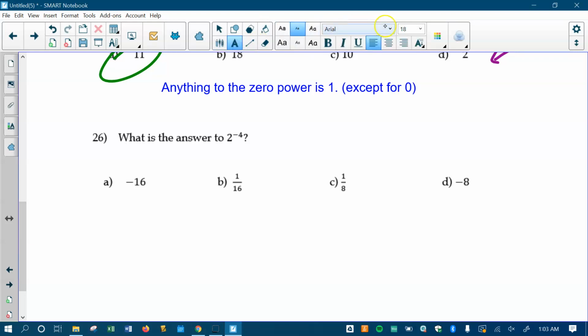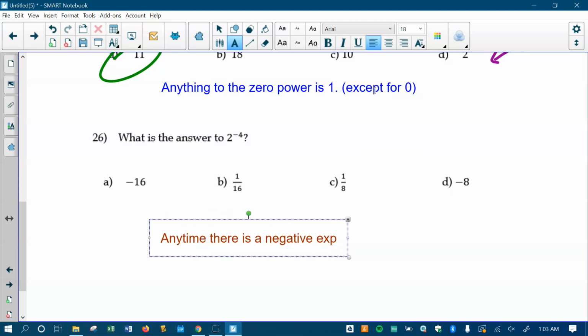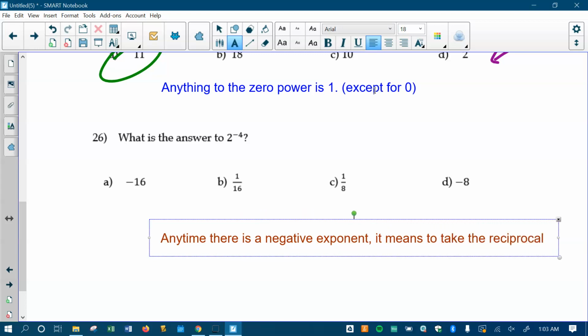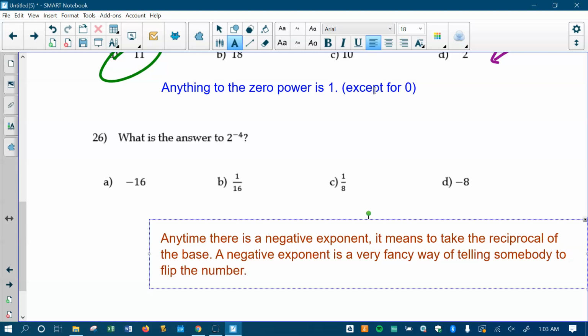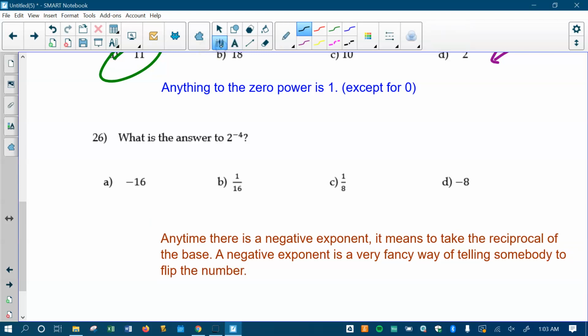Please remember that whenever we have a negative exponent, so in other words, for 2 to the negative 4, well, 2 to the 4th is 16.